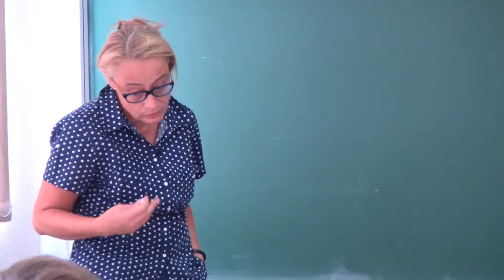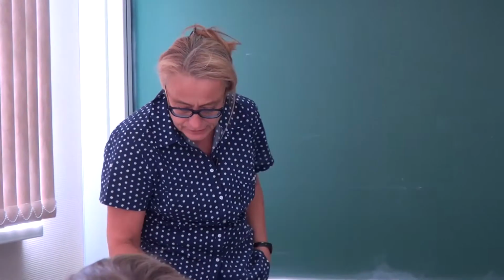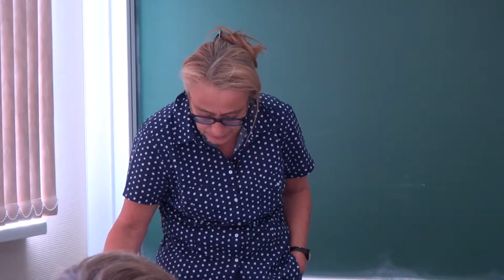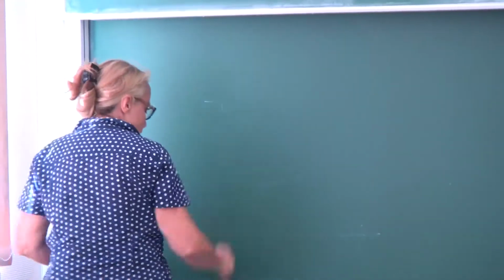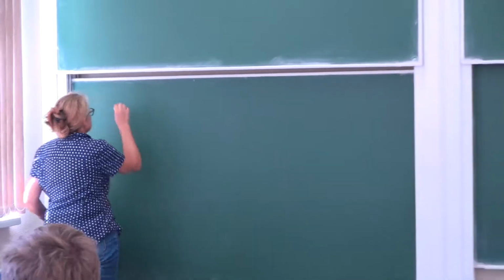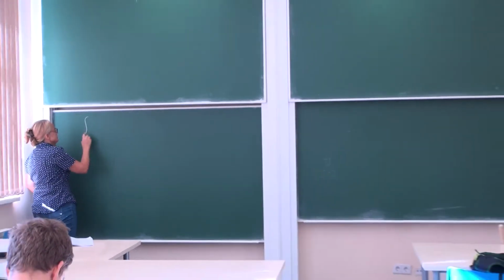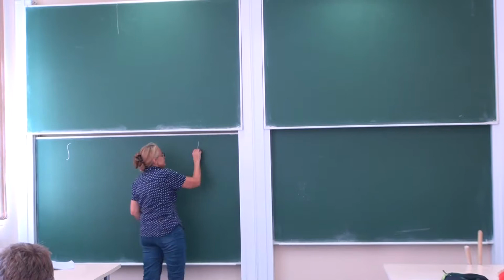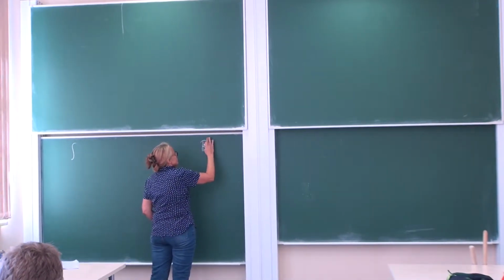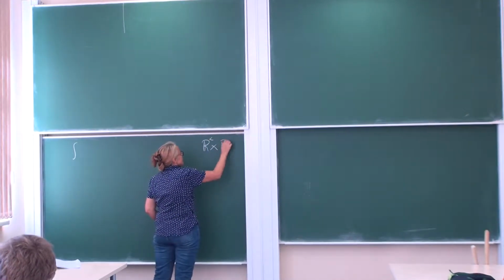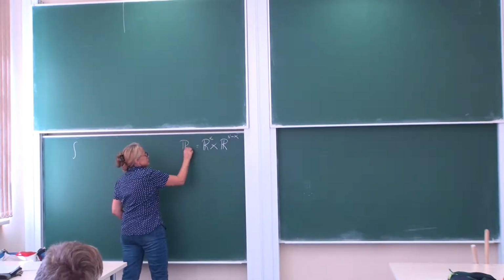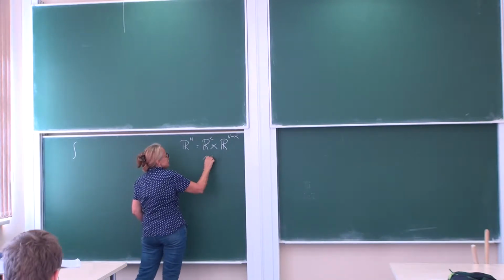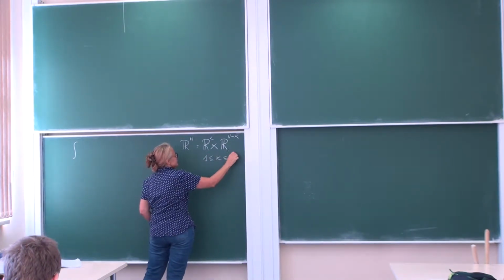I will try to skip computations because we are definitely quite late with respect to my program. But let me just make a few more remarks about the inequality we proved. That is in R^n, which is written as R^k times R^(n-k), and k is between 1 and n.